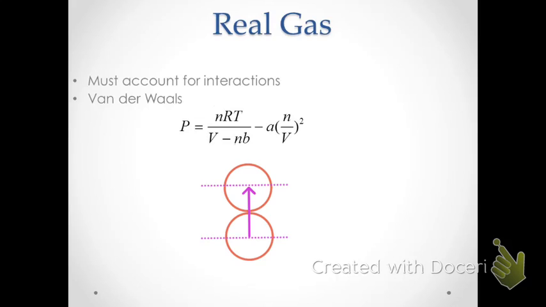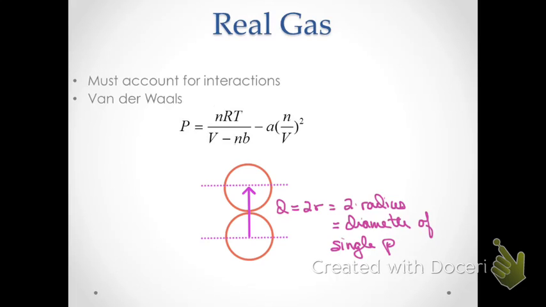Now I can relate B, the excluded volume per mole, to particle size. It is going to allow us to calculate an approximate diameter for the particles in the gas. If we consider two particles represented by the red circles here touching each other, just like two billiard balls coming together, they can't come any closer, then their centers are going to be separated by a distance that's actually twice the radius of a single particle, or the diameter of a single particle, assuming that all the particles are the same in our gas.